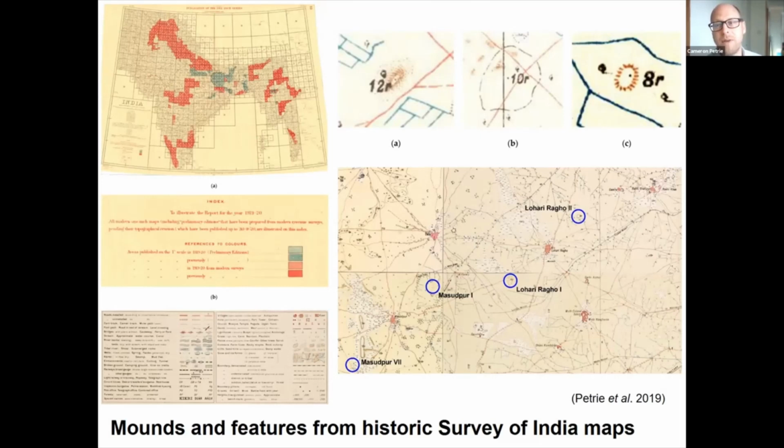Often they are mounds, often mounds that are no longer occupied, and they have distinctive shapes in the landscape. Basically, this is the outcome of this progressive move during the period of British control of South Asia to survey the landscape and to document it systematically.